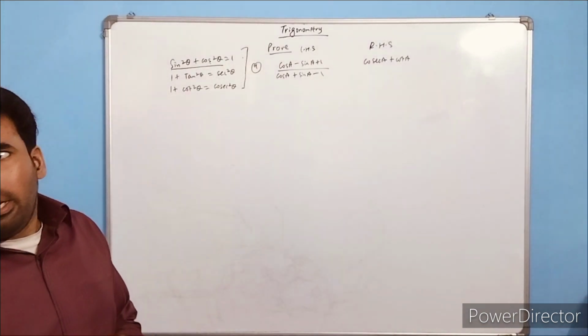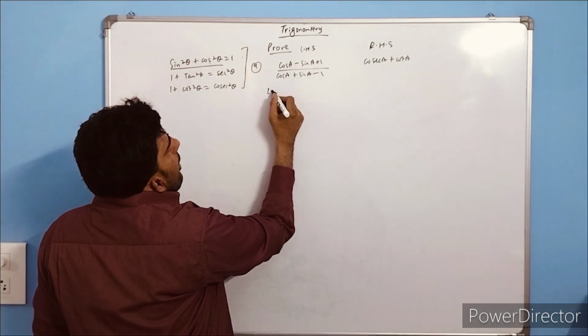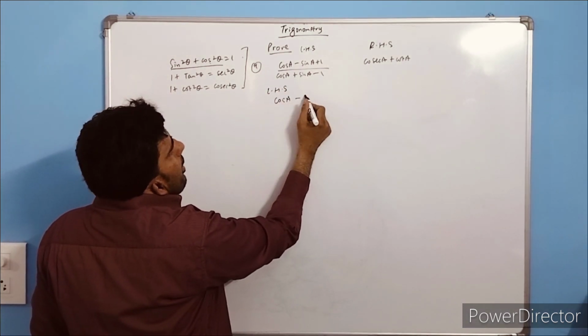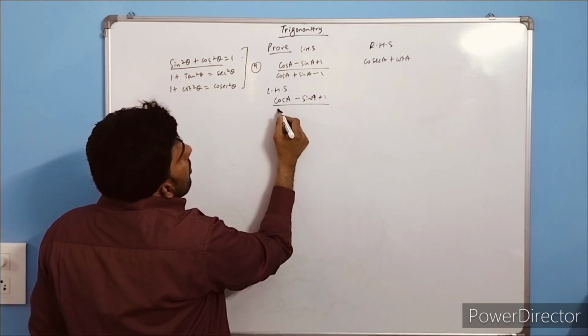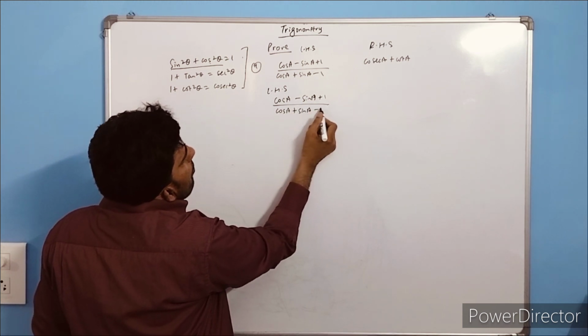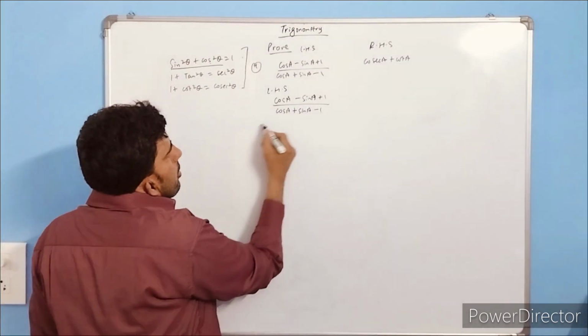So the LHS is (cos A minus sin A plus 1) upon (cos A plus sin A minus 1). Okay, let us see how we can solve this.